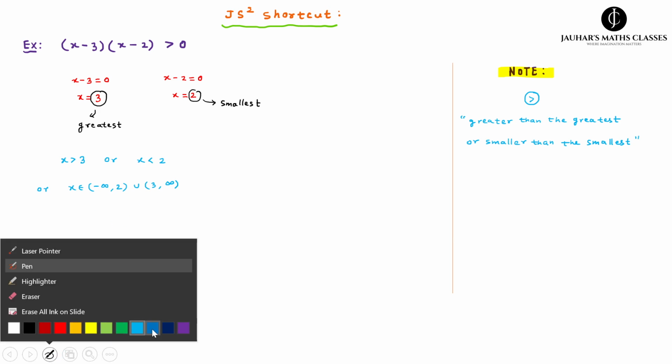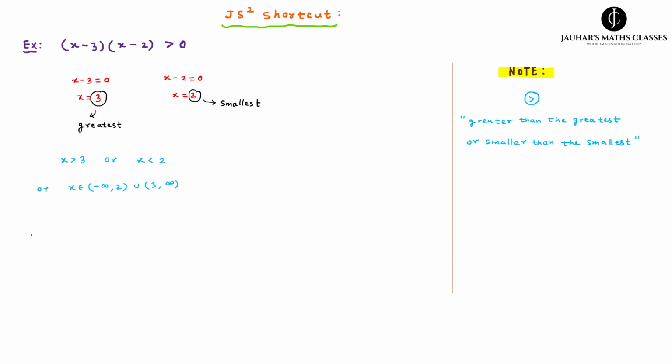One more example I want to do over here. See this one. If you will have to write the answer for this one, x minus 3 times x minus 2 greater than or equal to 0. Here a slack inequality is there, my dear.